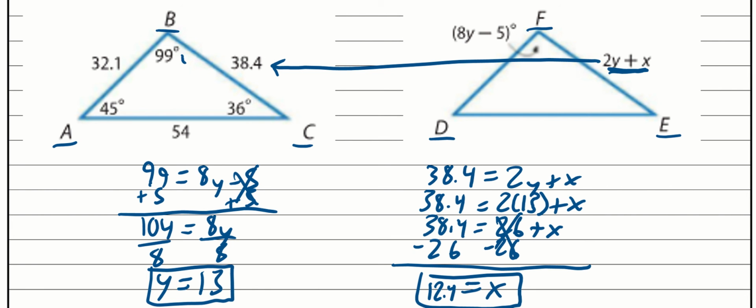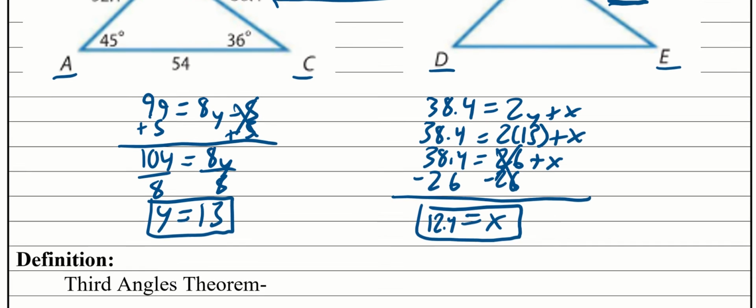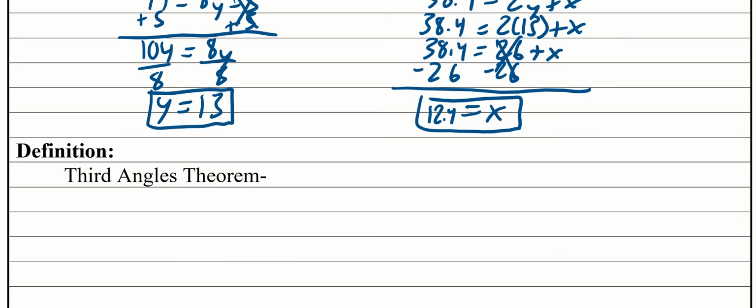Okay? Now we're moving on to the last piece here. One more thing that's going to help us as we're trying to reach our end goal of proving that triangles are congruent. And this is one of the theorems that we're going to use to help us with that. Okay, this is what we call the third angles theorem. Okay, and the third angles theorem says this.